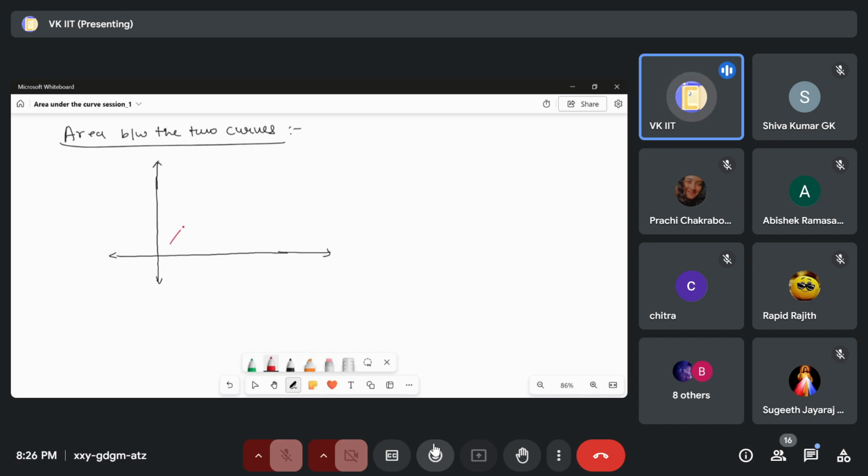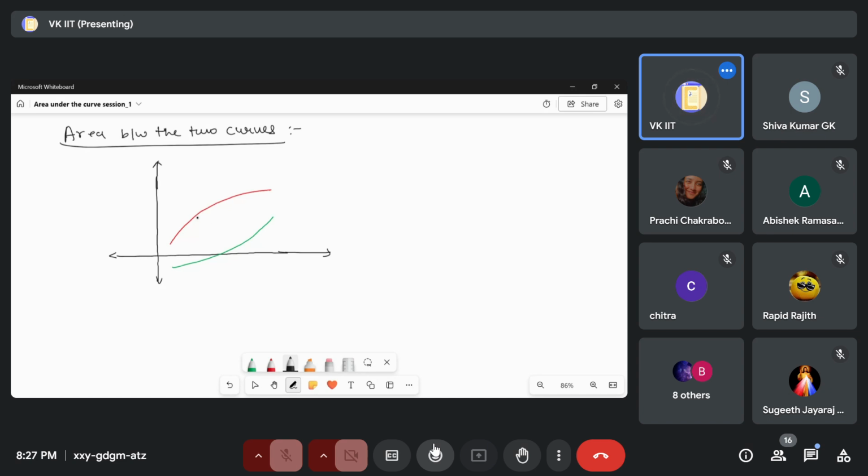One curve is like this, let's say, and the other curve is like this. So in this case, you have to find out the area between these two curves.